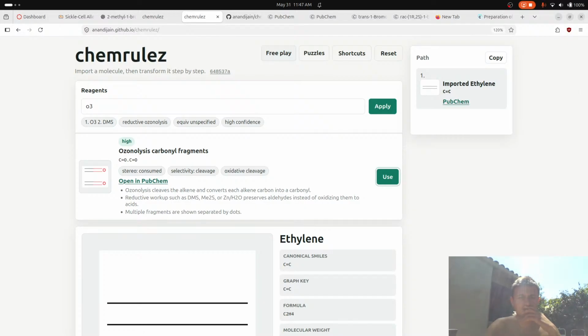I don't think that's right. Is that right? I think it further oxidizes to CO2.